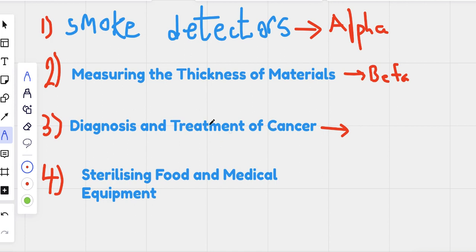The body will absorb a lot of beta particles. So here we use the gamma ray. Also for sterilizing medical equipment, we can use gamma as well.